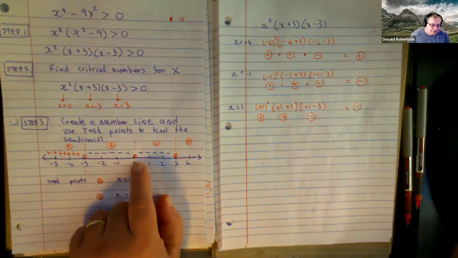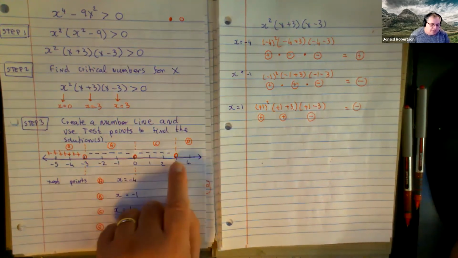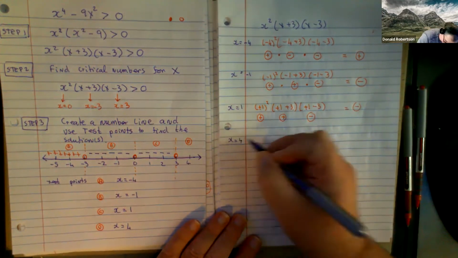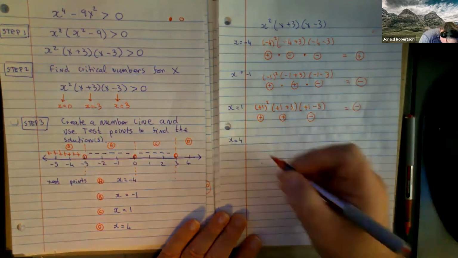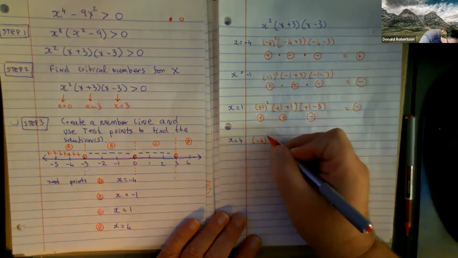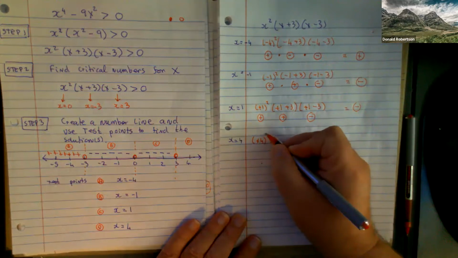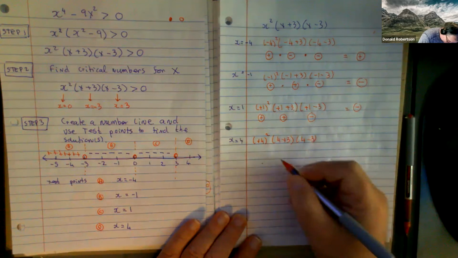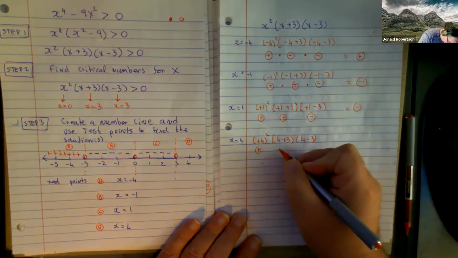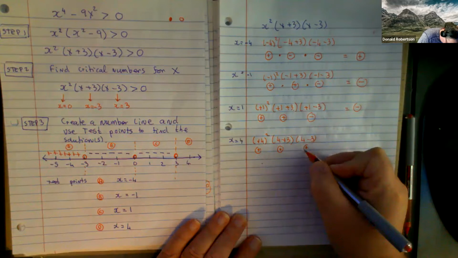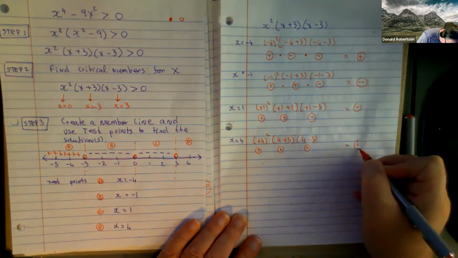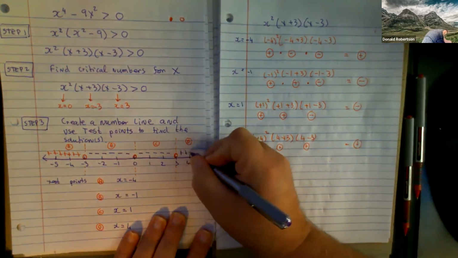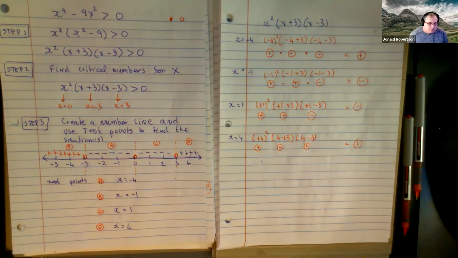So any number in the range between 0 and 3 is going to be negative. And for the last one, x equals 4, we get +4 squared, 4 add 3, 4 take away 3. And that guy is positive, that guy is 7, so he's positive, that guy is 1, so he's positive, and so the final answer is positive. So on this end, I now know that everyone is positive.